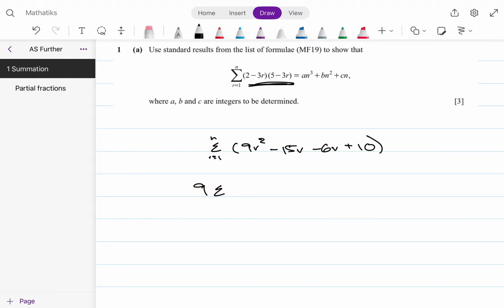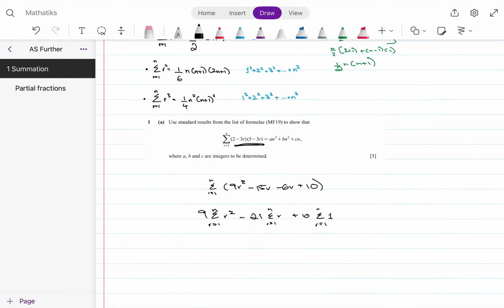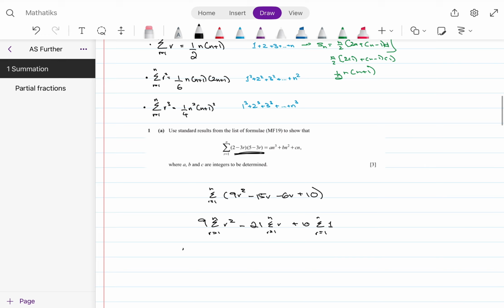So this is 9 times the sum of r squared is 21 times the sum of r. I'm apologizing right now for my handwriting and the horrible handwriting we're going to continue to witness. Now you substitute the formula values into this.